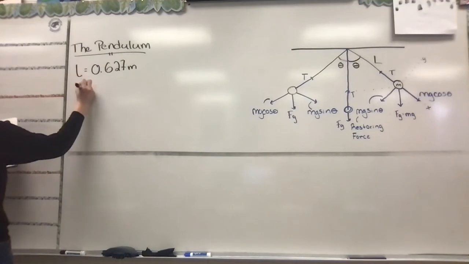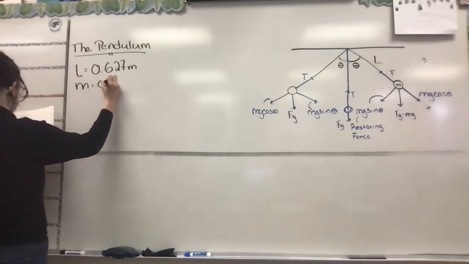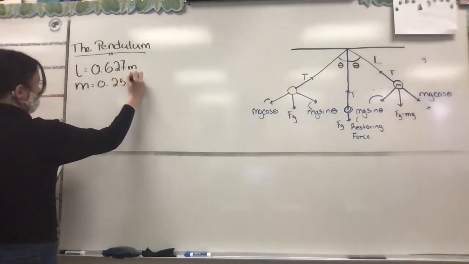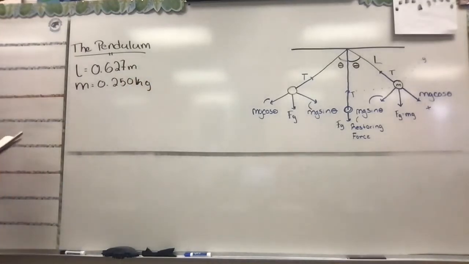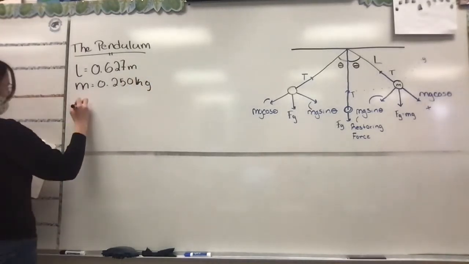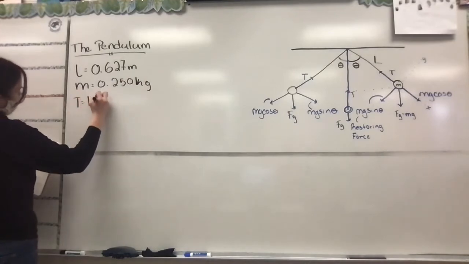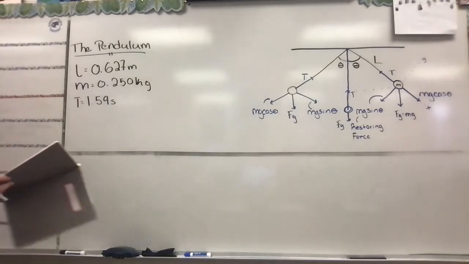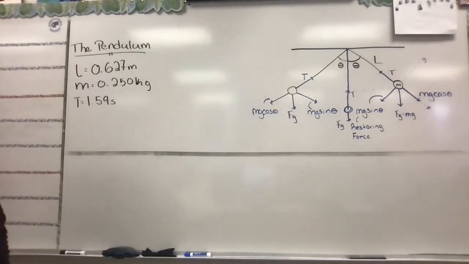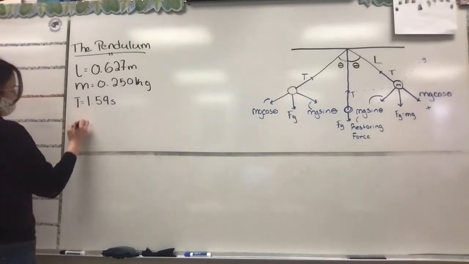And the mass of the bob attached to it is 0.250 kilograms. When set in motion at a certain location, it completes one oscillation every 1.59 seconds. And we want to know if the pendulum's held at rest in the vertical position and the string is cut, how long does it take for it to travel a distance of 1 meter?